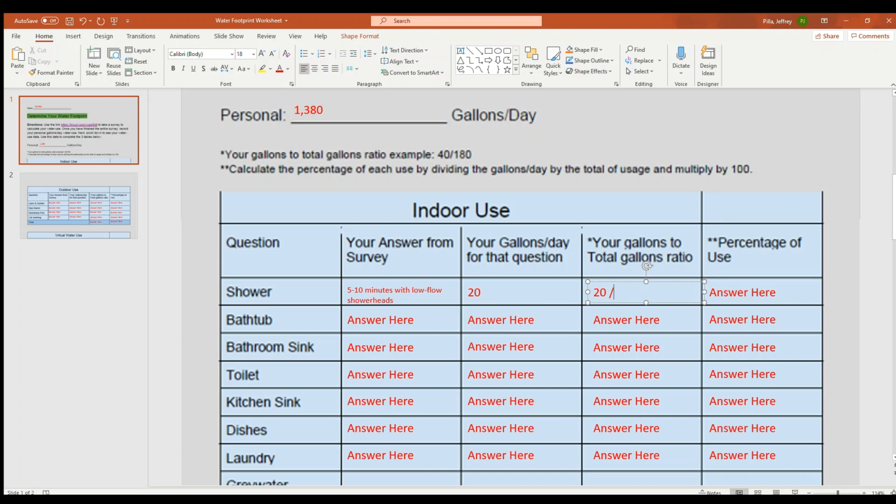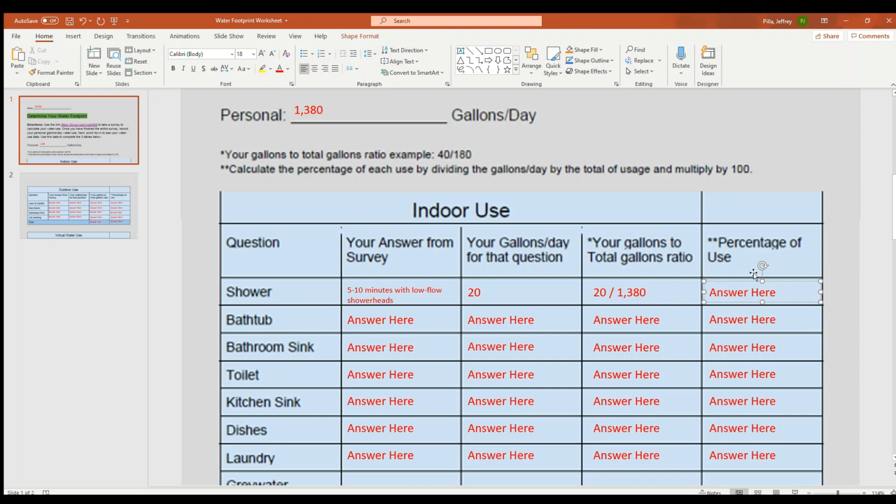Then you're going to write a fraction symbol, because you're essentially making a ratio of how much water the shower uses compared to your total amount of water that you use, okay? So my gallons per day for the shower was 20, and my personal total gallons, remember, was 1,380. All right? So that's my ratio.